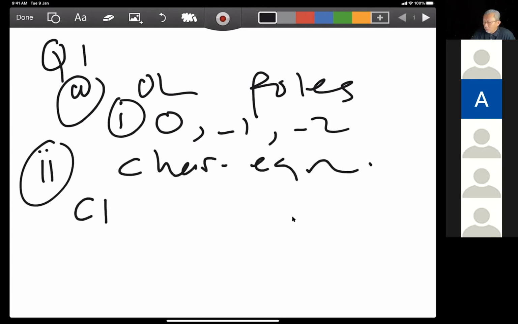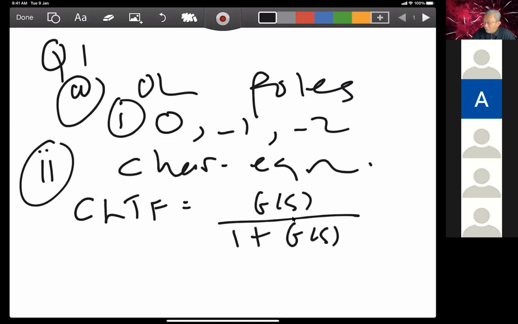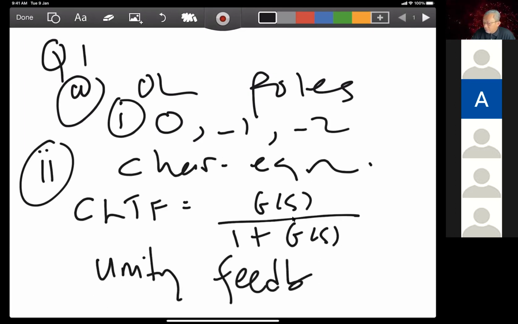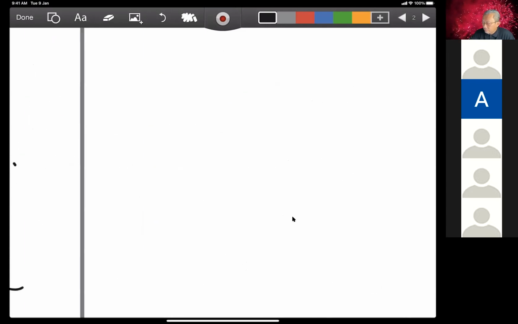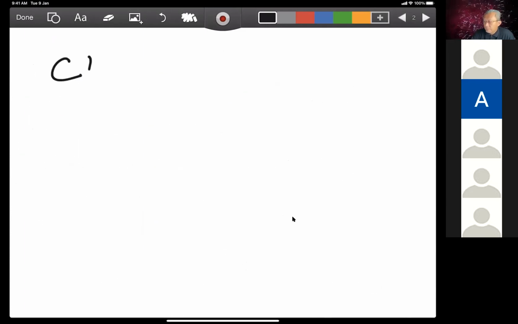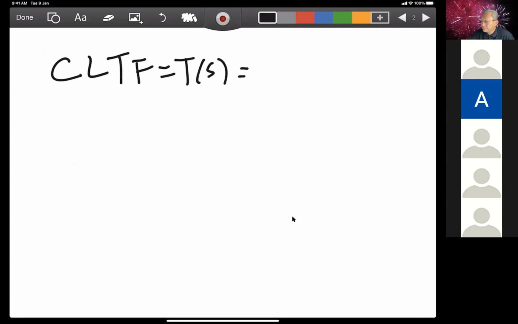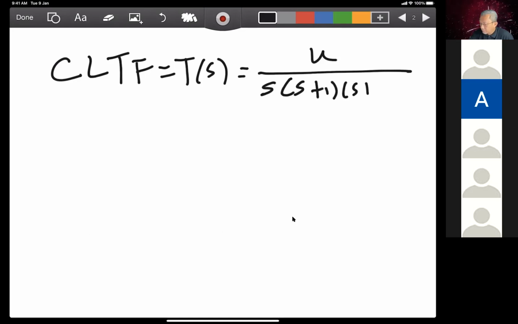First you have to find the closed loop transfer function, which is G(s) over 1 plus G(s) since it is unity feedback. So this one will be the characteristic equation.